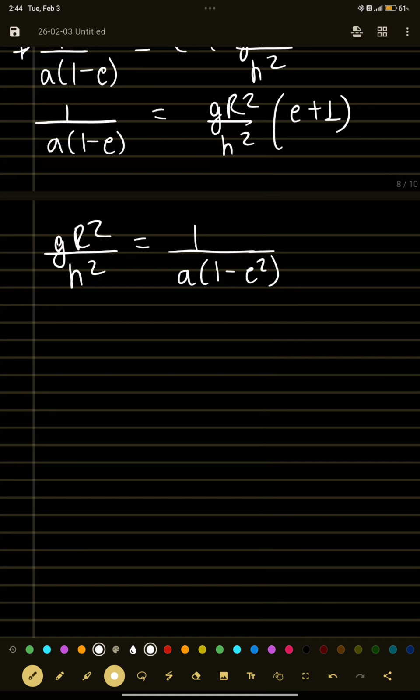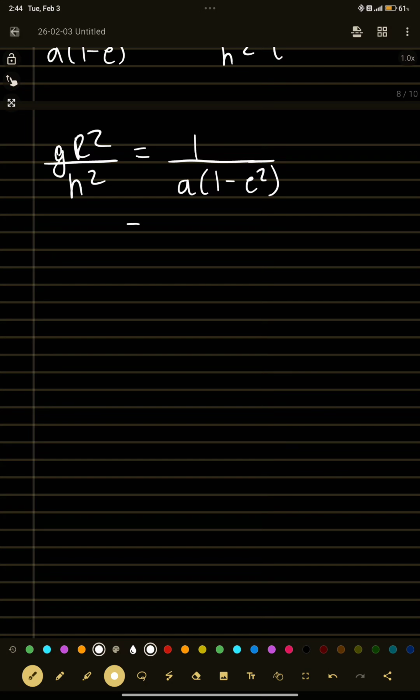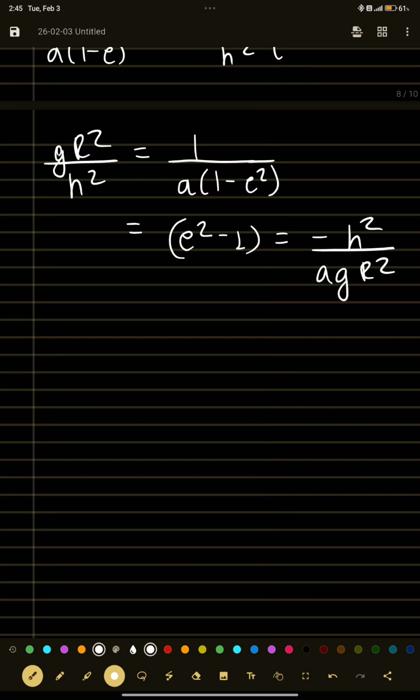You take gr square by h square common, this becomes 1 plus e. Take it this side, it is 1 by 1 minus e square. So from here you get e square minus 1 h square. Check this.